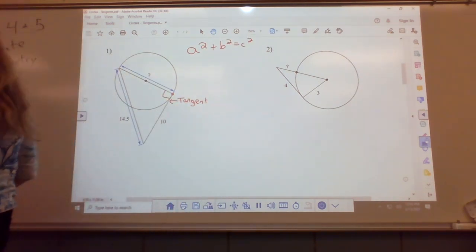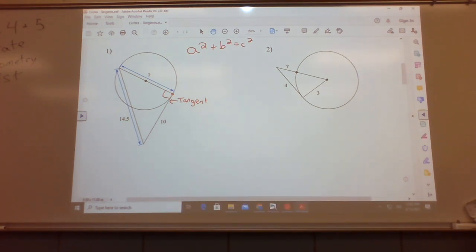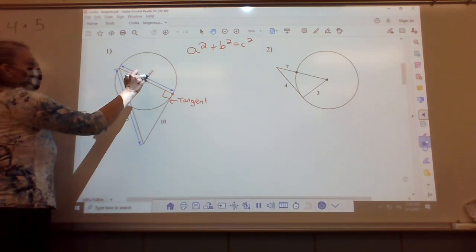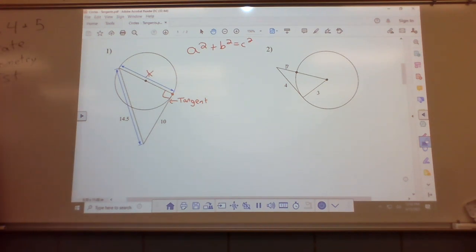Yes, it has made an appearance. It has an encore presentation. The Pythagorean theorem never really goes away. The C is always the most important thing. So which one of these three sides is going to be in the C position?